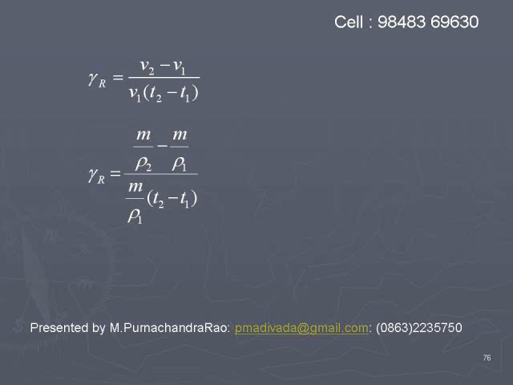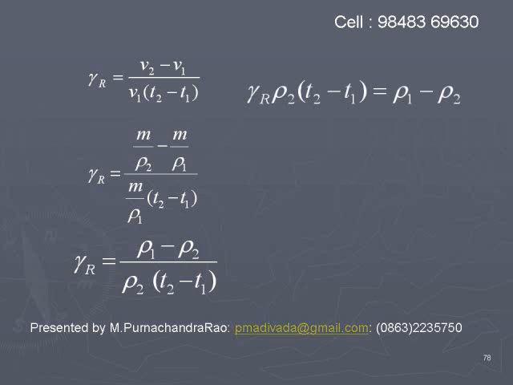Here, small m gets cancelled, and by rearranging this relation we will get gamma r is equal to (rho 1 minus rho 2) divided by rho 2 into (T2 minus T1).